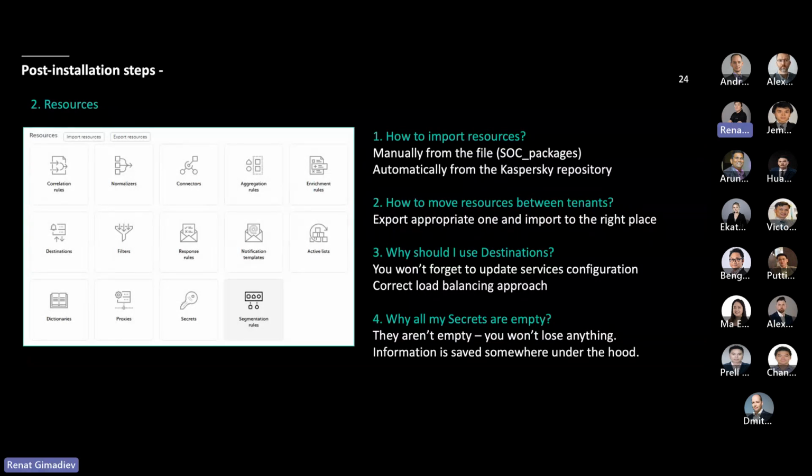So you can export the appropriate collector or anything that might be related to the system content, and then import it to the right place. So you export from the first tenant, and then you import it to the second tenant. During the import, you can configure the collector, and then you just need to run the script on your core Linux machine.